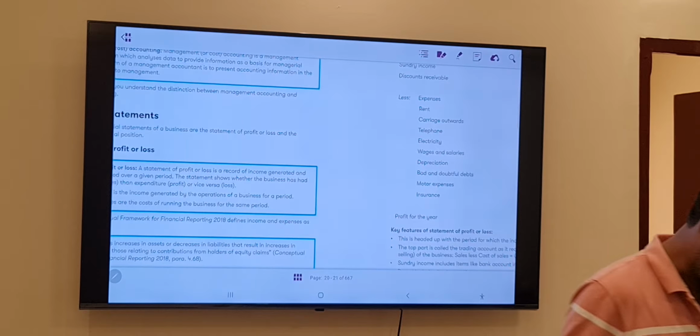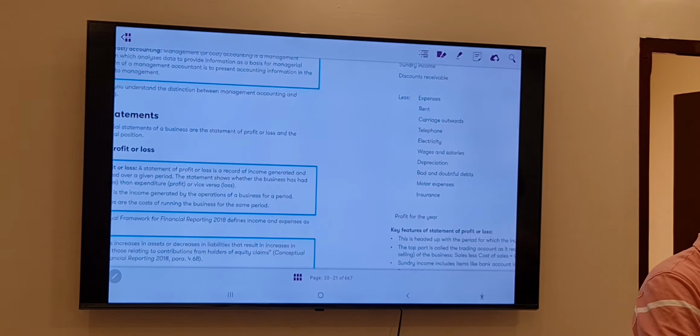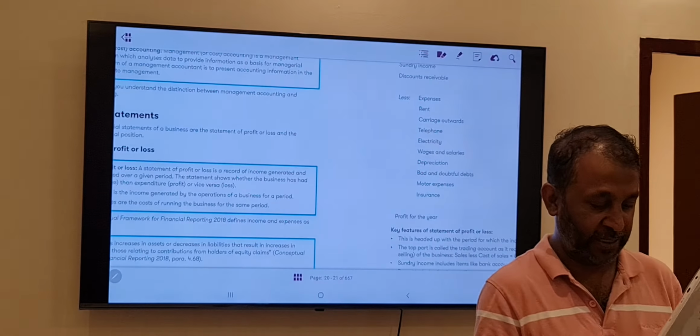If you happen to take, let me see if I have one. See, this is a financial statement.